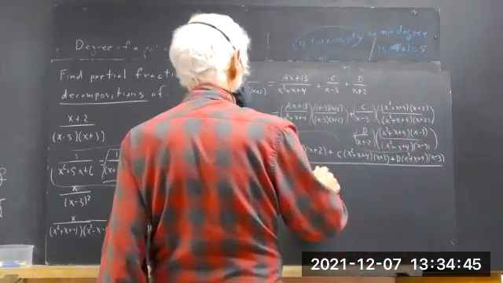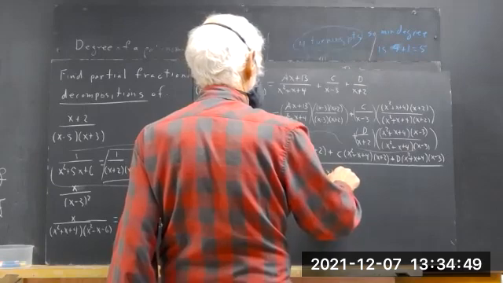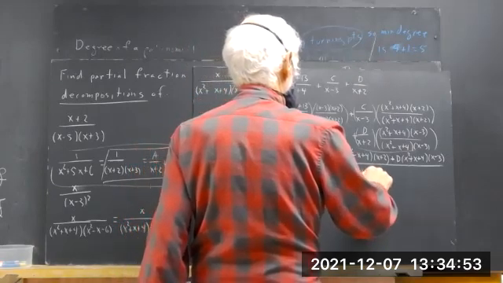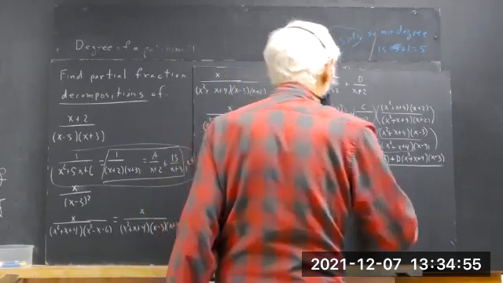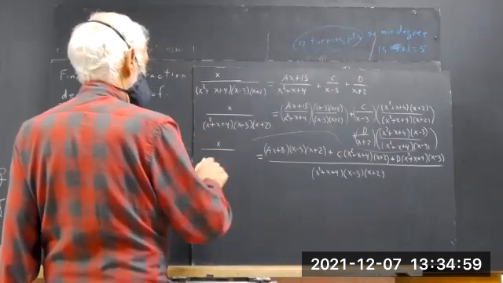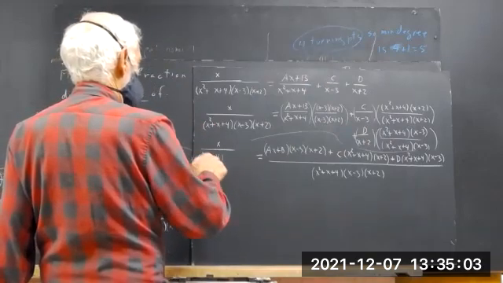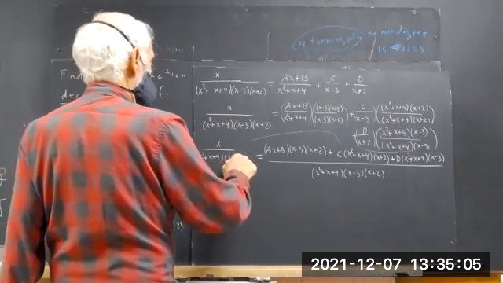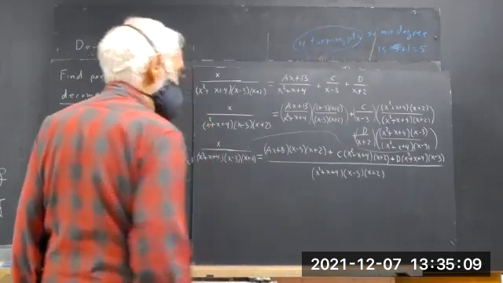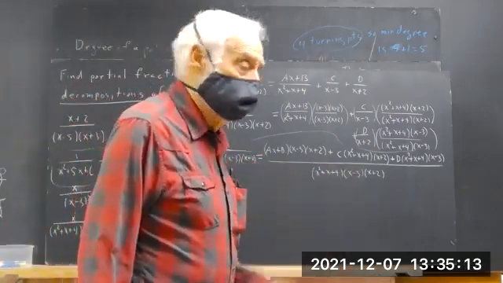All this over our common denominator. And that's of course got to be equal to x over x squared plus x plus 4, our original denominator. Okay, there it is. So now our numerators are going to be equal.